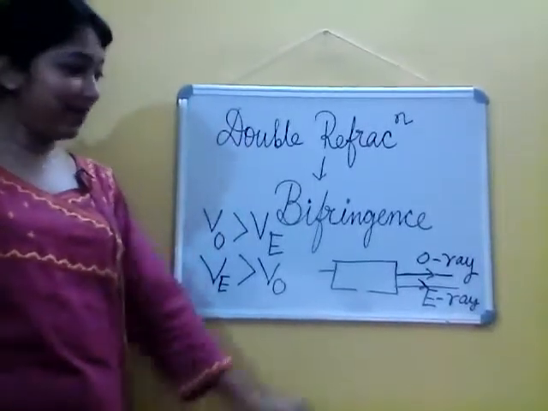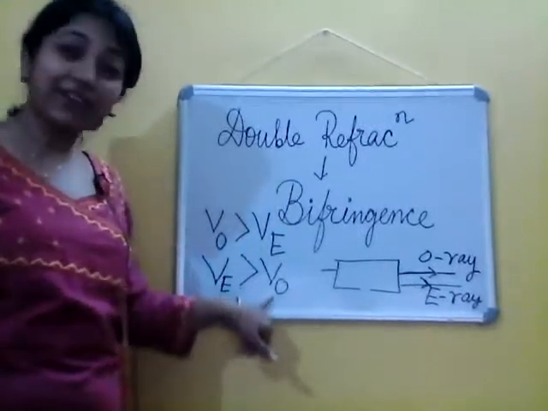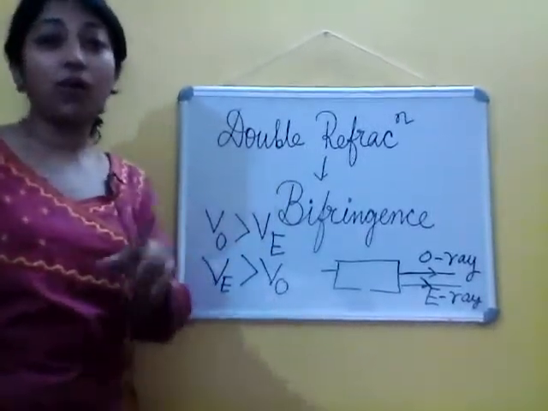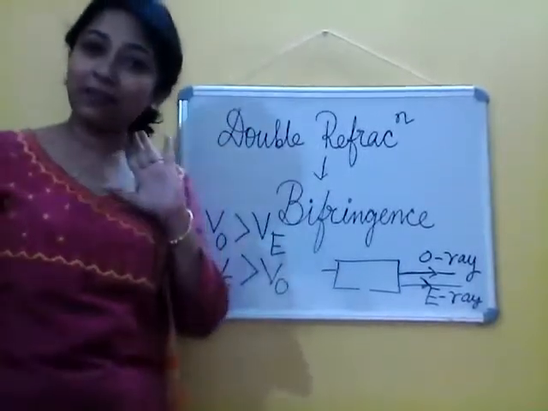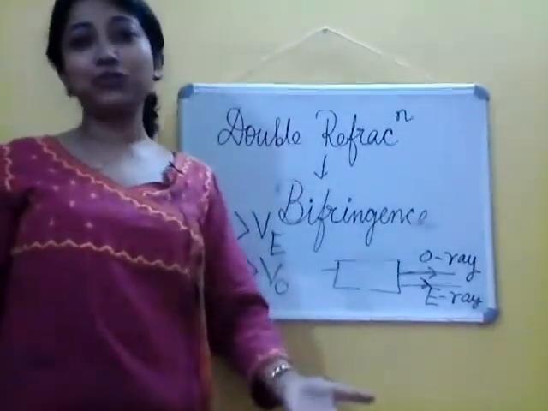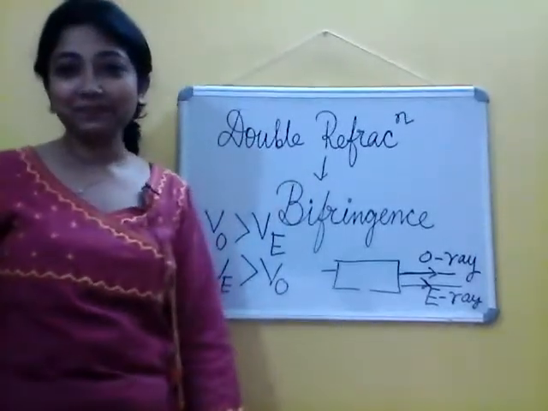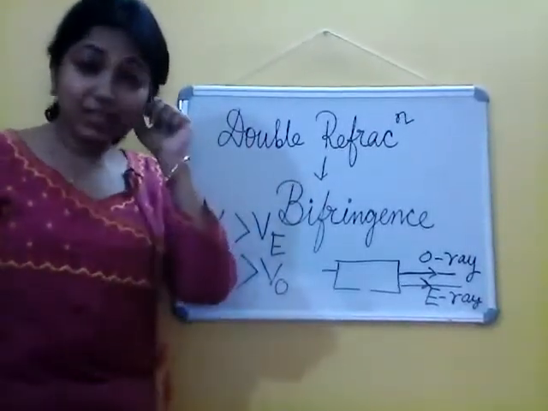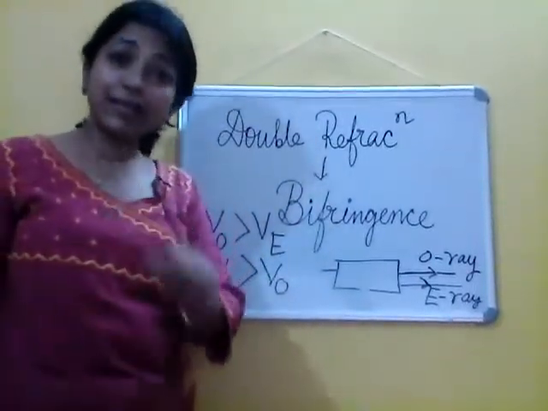In the same manner, if the velocity of the extraordinary ray is more than the velocity of the ordinary ray, I will call that crystal a negative crystal. This is how I remember, and you can also use the same method to remember this particular concept.